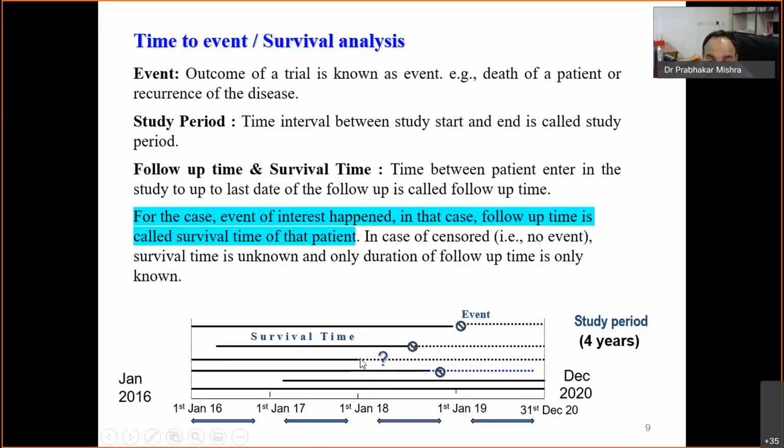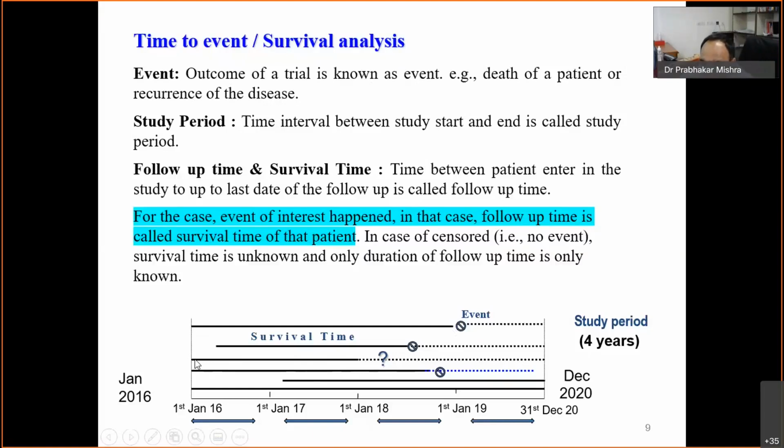But say another patient started here, and here there is loss of follow-up, meaning the patient may still be surviving. So this is only follow-up, but we can't say it is the survival time of this patient. The survival time may be anywhere.